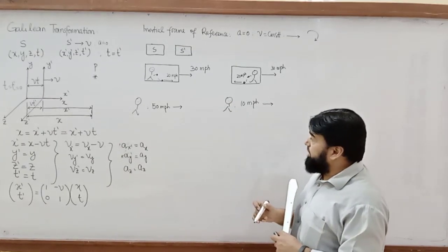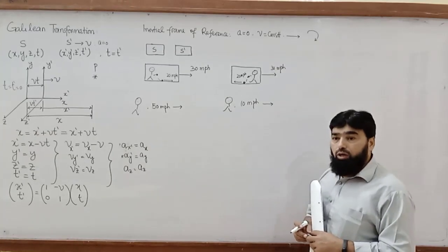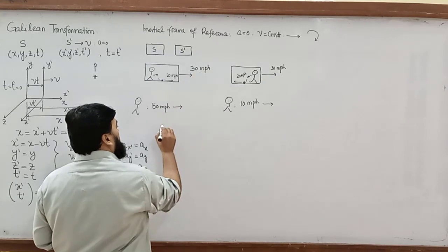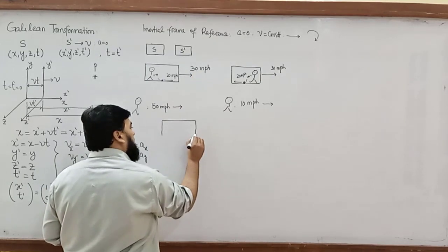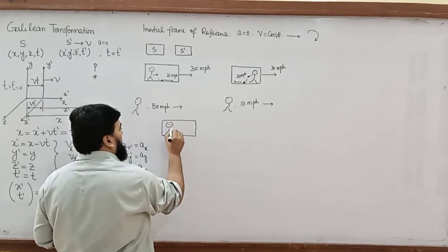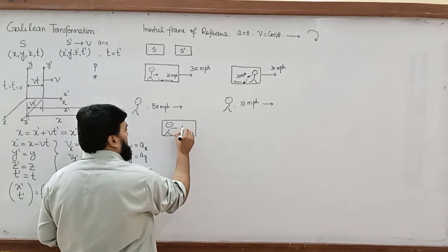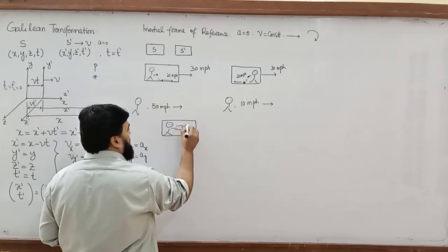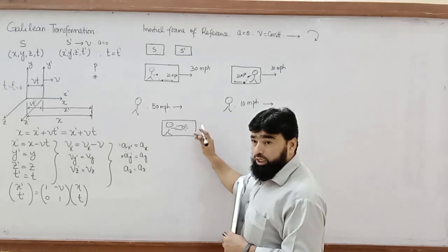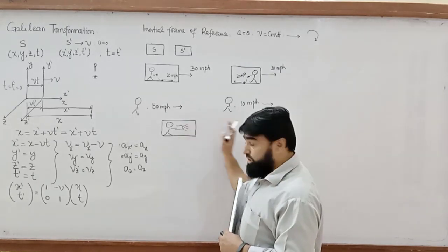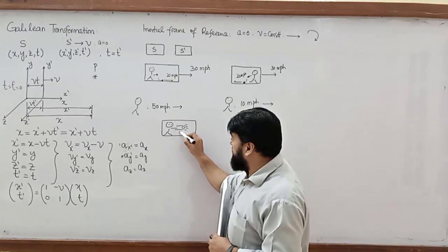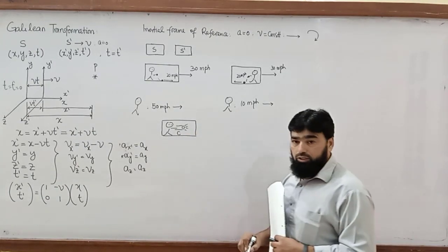Now let's say instead of throwing a ball, the same frame, the same 30 mph, and now this observer shines a torch here. This observer shines light, and he says that the light is going at the speed of light c.